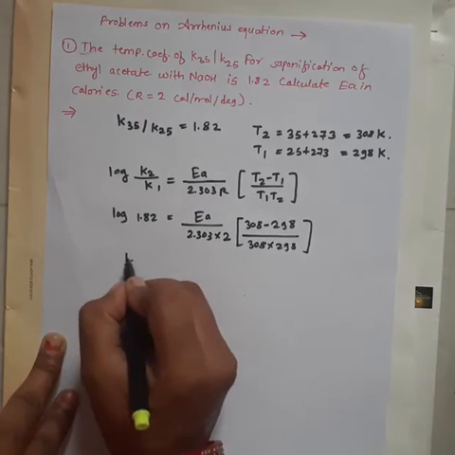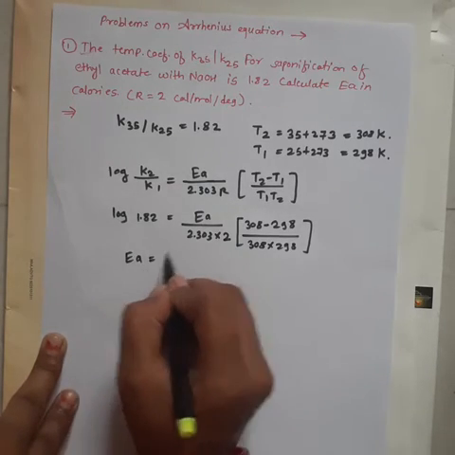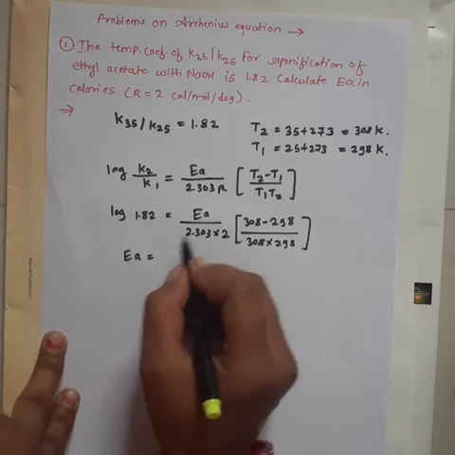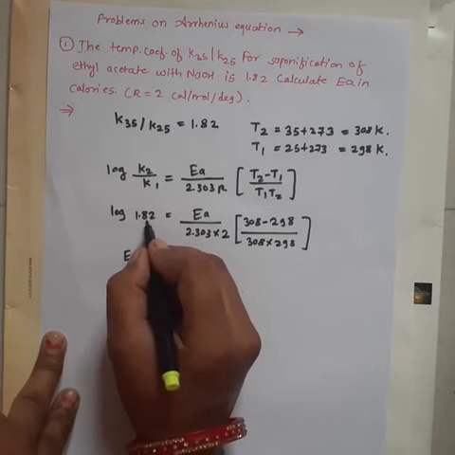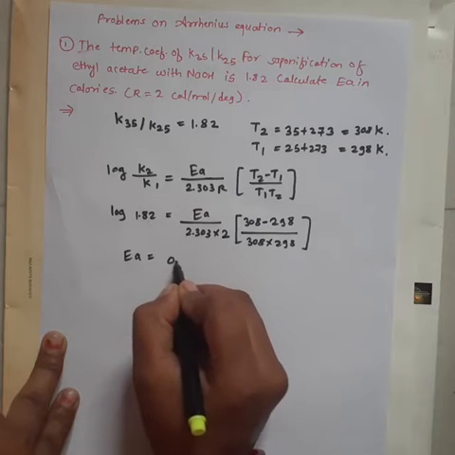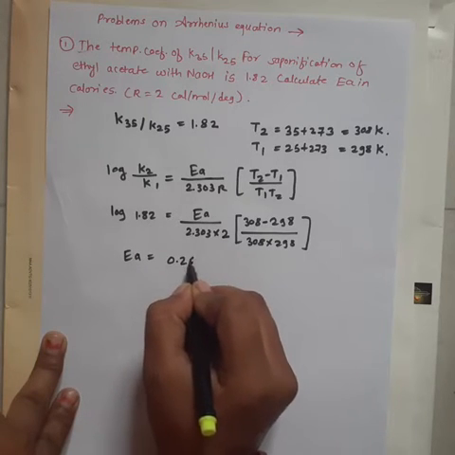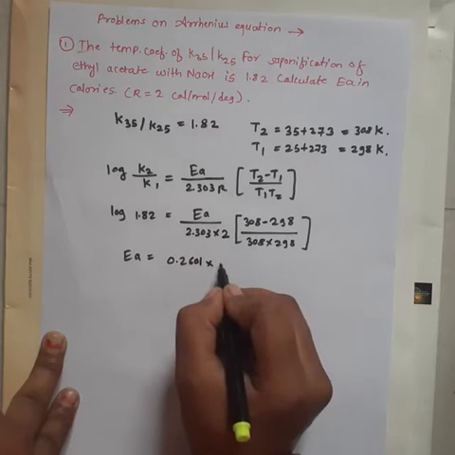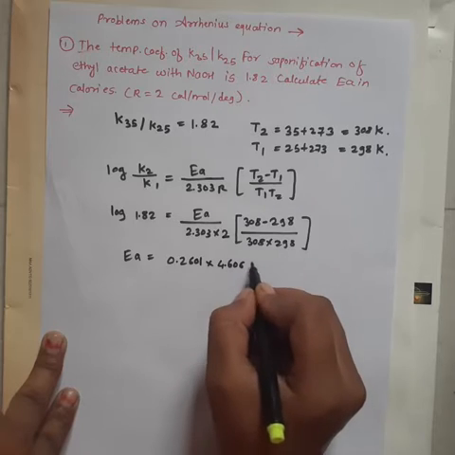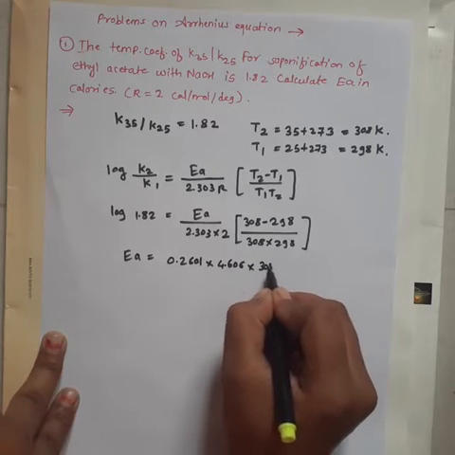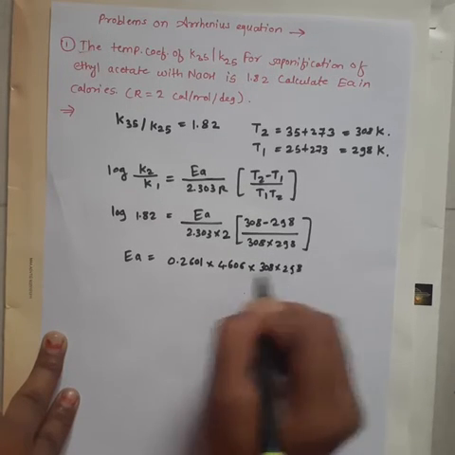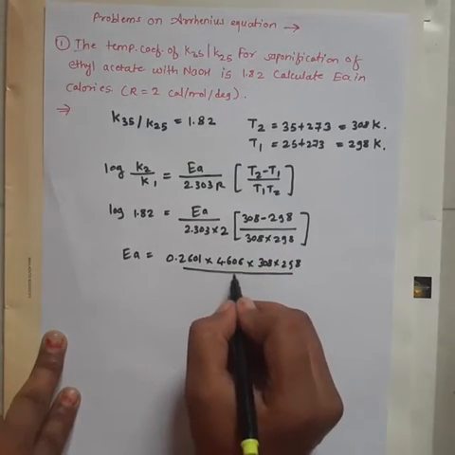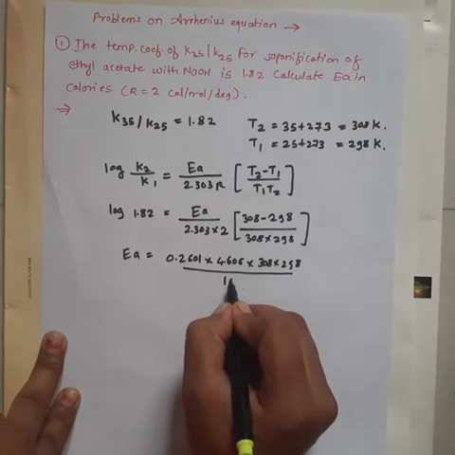Therefore if you do the calculation and rearrange this equation, we get the activation energy equal to log of 1.82. What is the value of log of 1.82? It is 0.2601, into 2.303 into 2, which becomes 4.606, into 308 into 298, divided by 308 minus 298, that is 308 minus 298, that is 10.